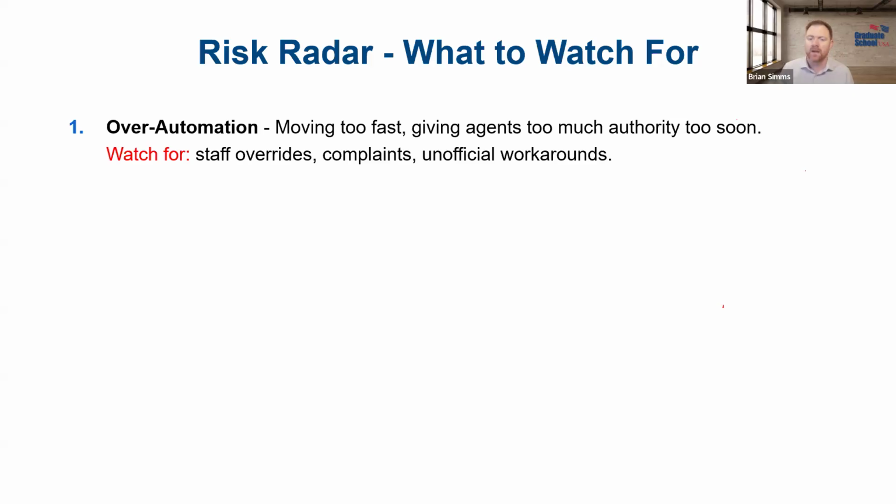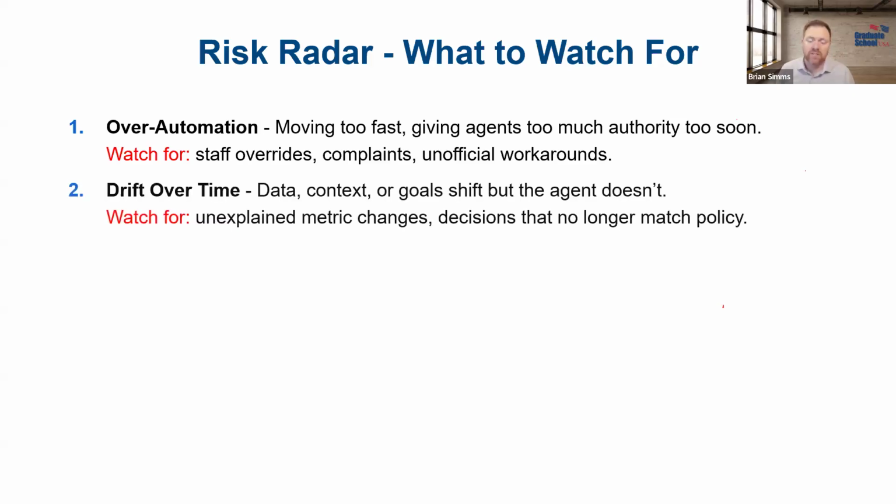It's been overly automated. We talked a little bit about drift, and this can happen. A well-calibrated agent can gradually start producing decisions that are no longer reflective of current reality. What might be a flag for this is changes in your outcome metrics, or decisions that staff flag as, well, this isn't matching policy anymore, right?